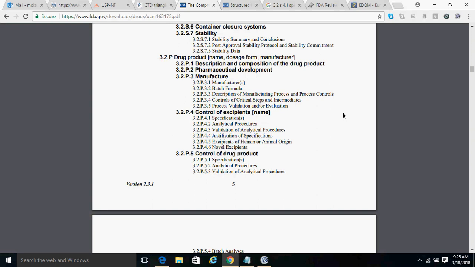Once after analyzing all these things, whichever is the good batch we find, we will select that vendor and proceed for that formulation. And we have to do the stability studies and pre-formulation studies for that also.